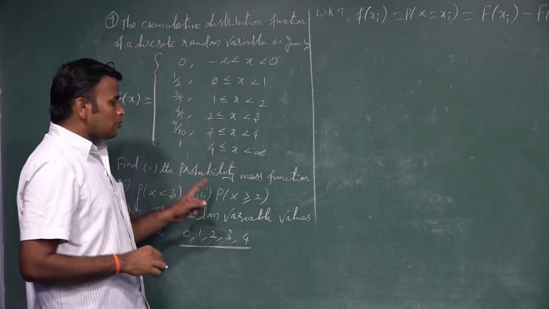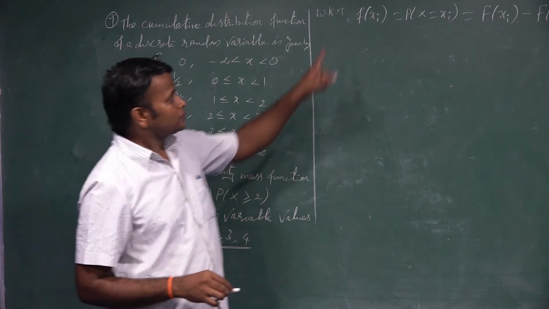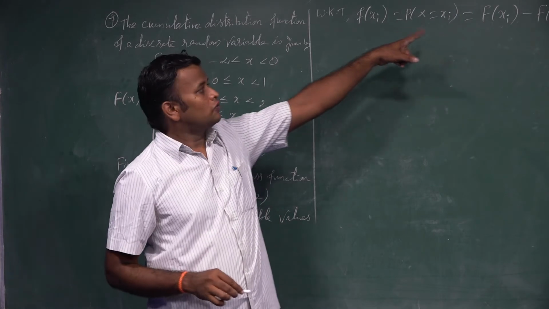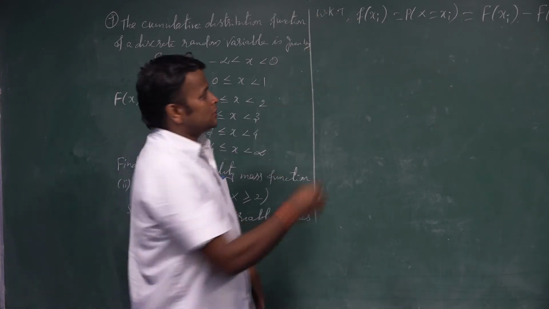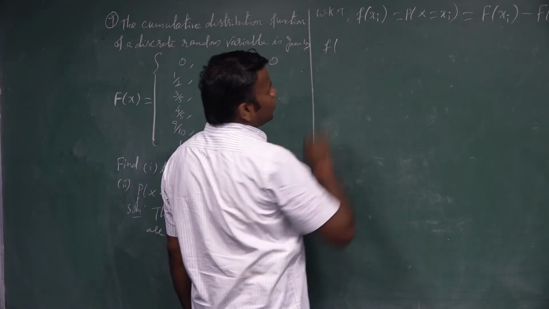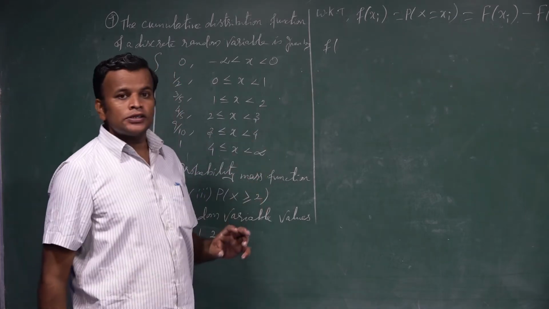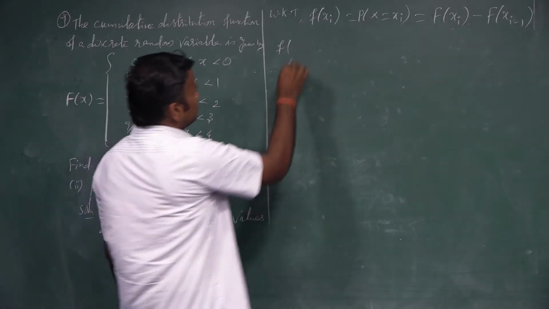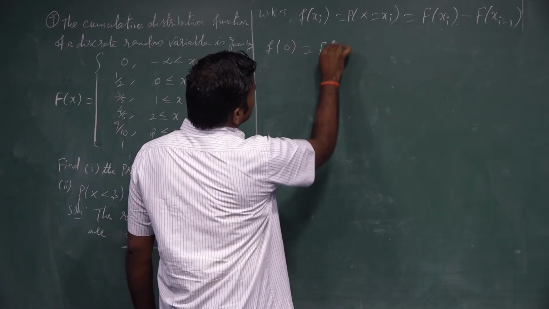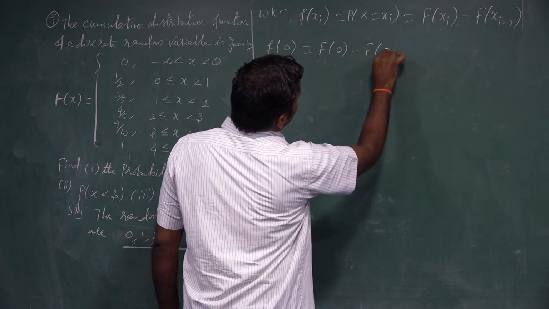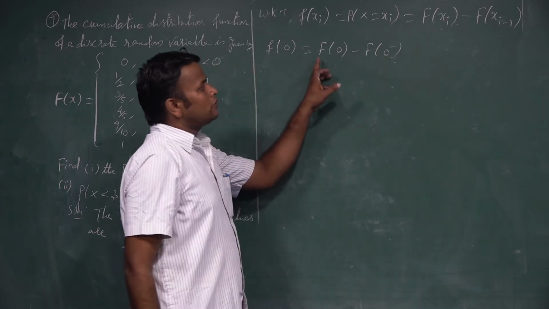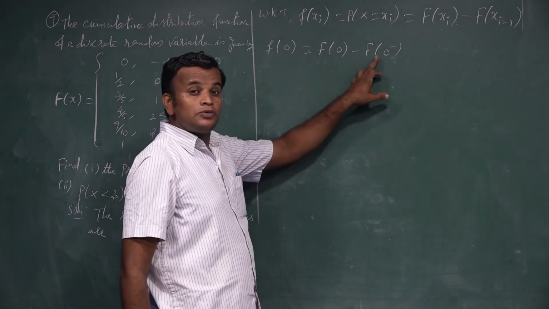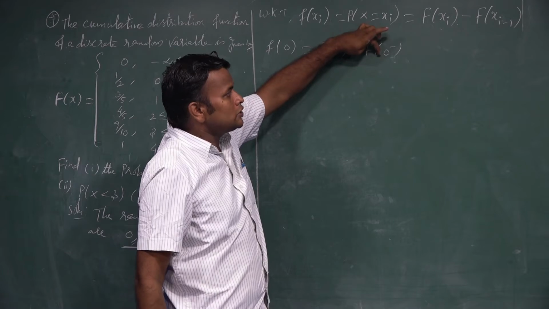Next, to find the probability mass function, we write the formula, to find each and every value. First, f of, what is the least value of x? The least value of x is 0. So f of 0. This formula, f of 0 minus F of 0 minus.